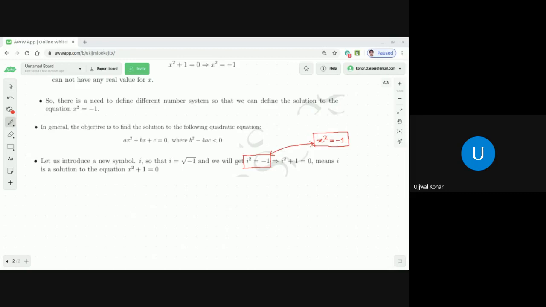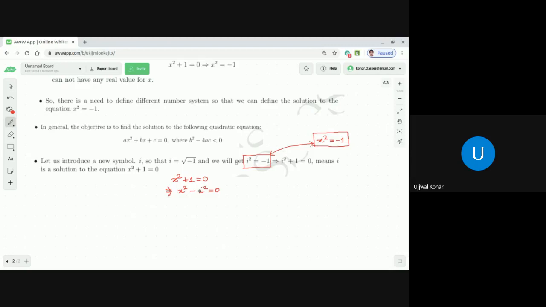Now we can also write this in a slightly different form. In which way can we write this? The moment we write x square plus 1 equal to 0, from that we can write x square minus i square equal to 0.